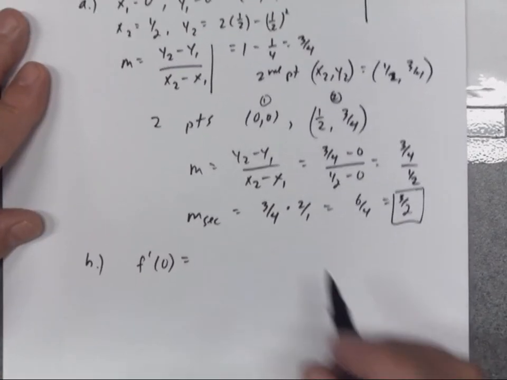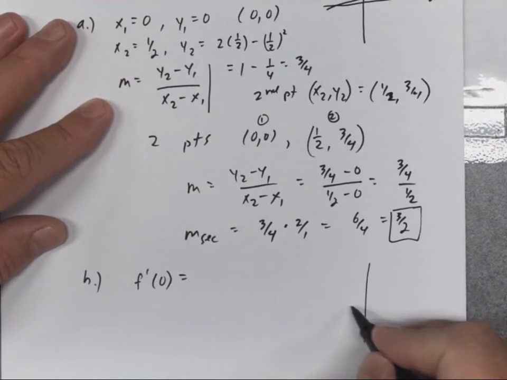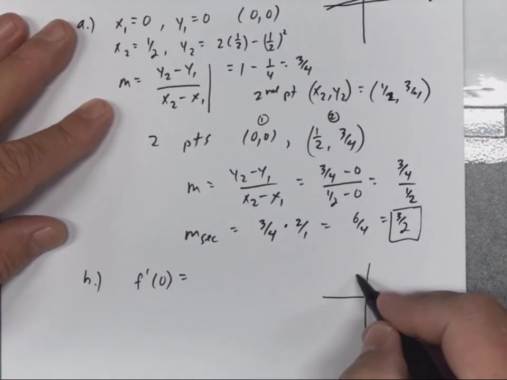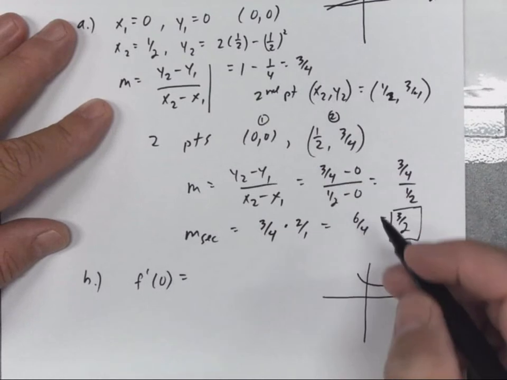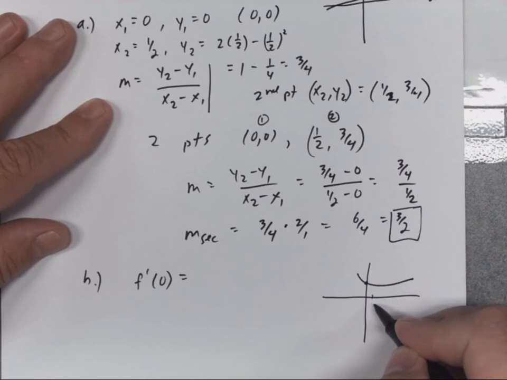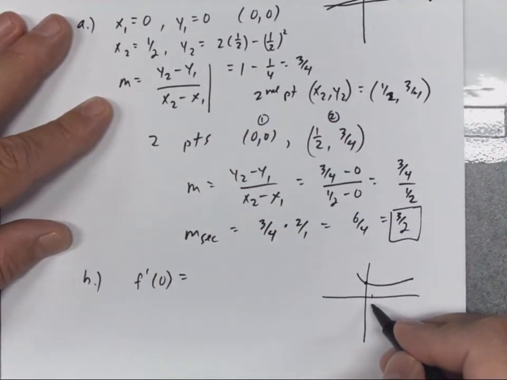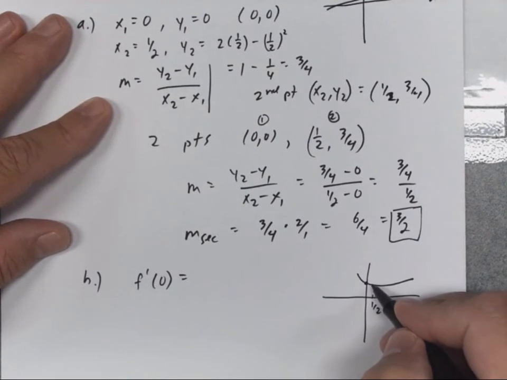So it's almost like what we've done here with the secant line. You know what they did with the secant line? They have some graph here, and they took x is 0, and here is like x is 1/2, a very small distance.